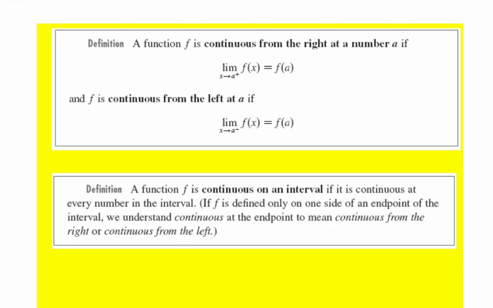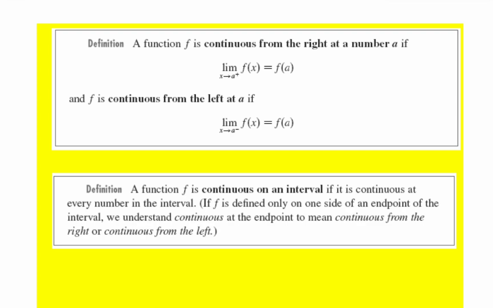We do have some functions like a square root function that might be continuous from the right or continuous from the left only. So if the limit matches the function value from the right, it's continuous from the right. If the limit value and the function match as we come in from the left, then it's continuous from the left.